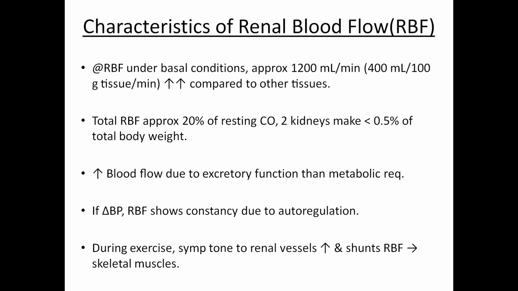In the face of blood pressure changes, the renal blood flow shows remarkable constancy due to the phenomenon of autoregulation that we'll talk about. Also, during exercise, sympathetic tone to the renal vessels increases and it shunts the renal blood flow to the skeletal muscles. This is the case in most organs, that during exercise the blood flow is shunted towards the skeletal muscles.